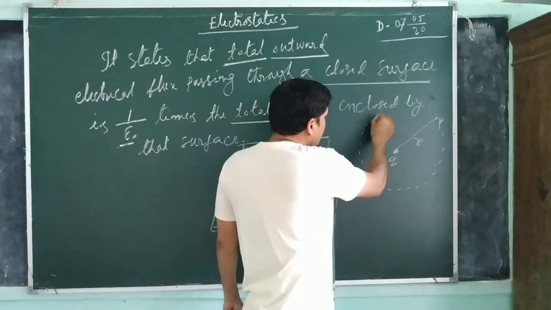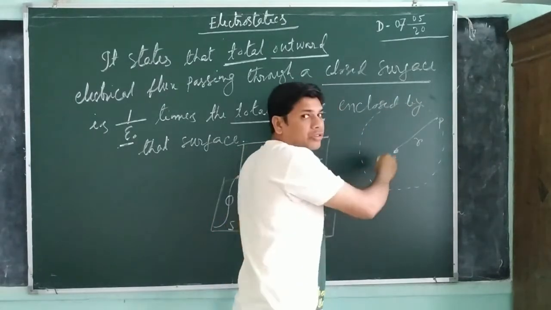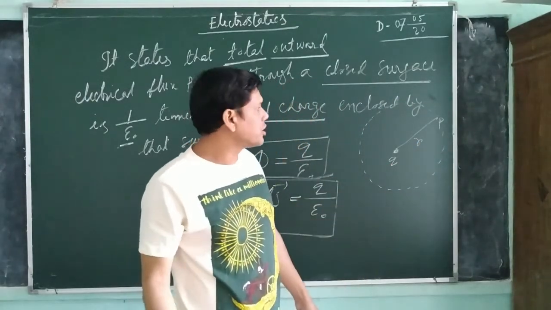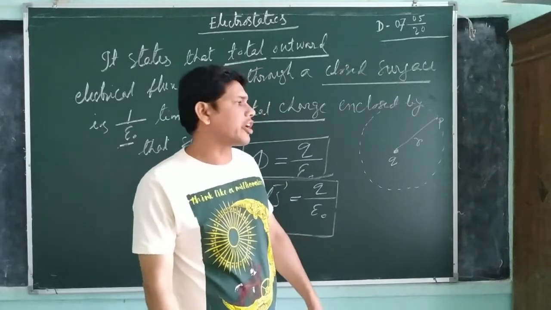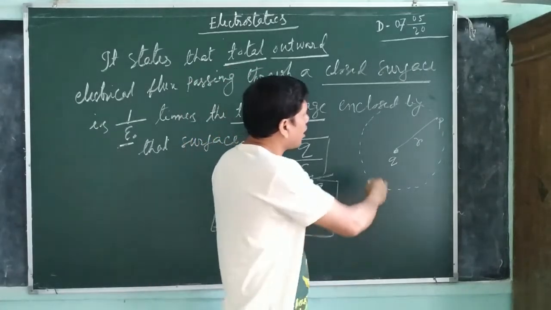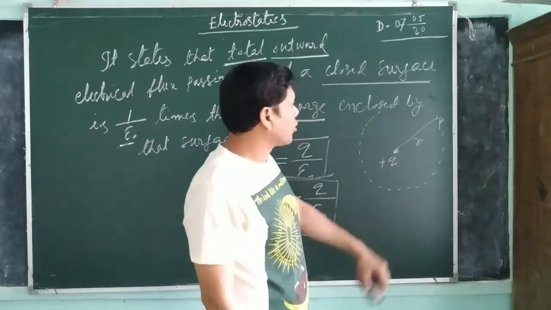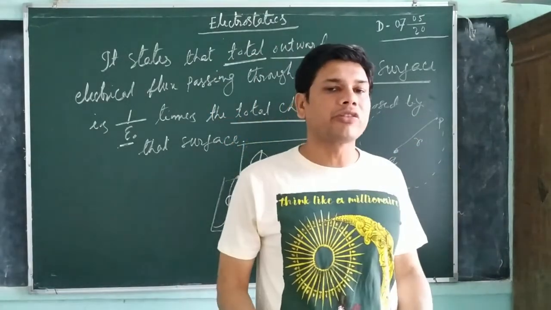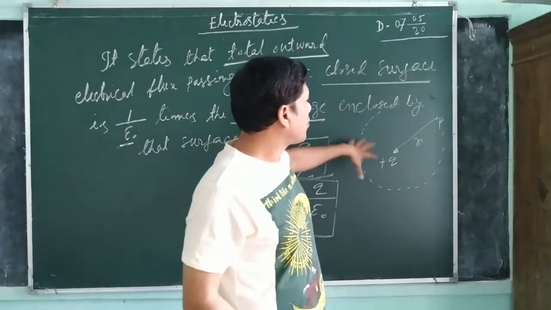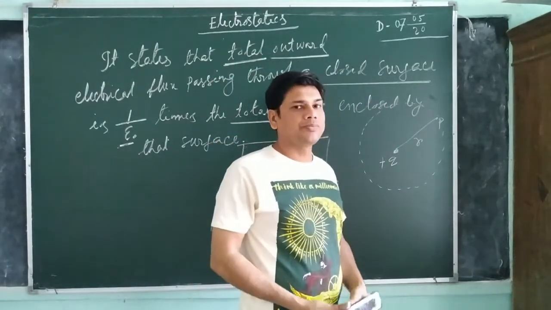This closed surface we have drawn is a hypothetical surface, called a Gaussian surface. Now we can apply the Gauss theorem because it is applicable for closed surfaces only. So in this way we have to proceed first.